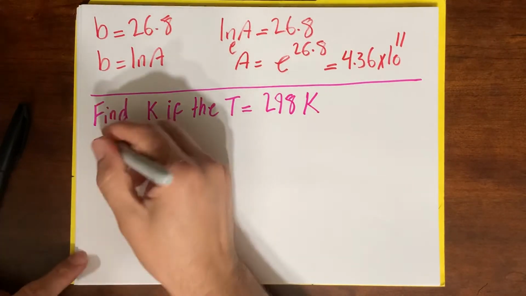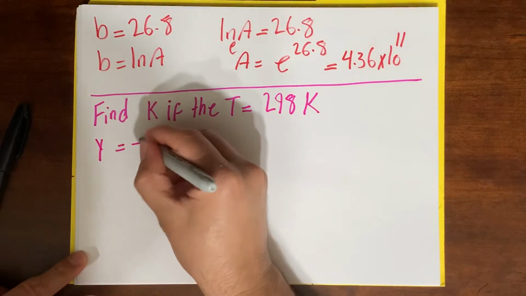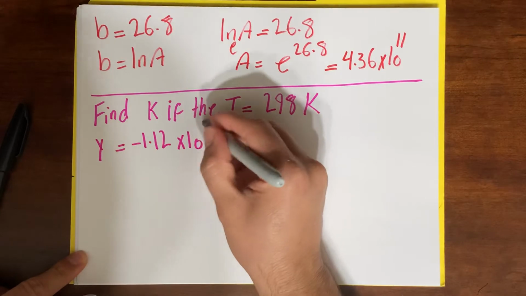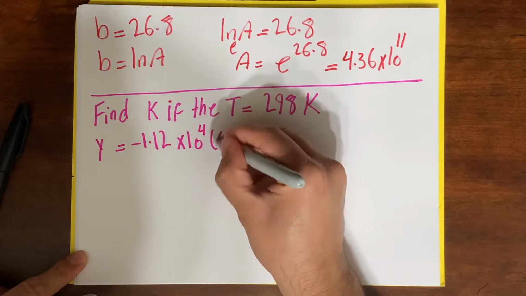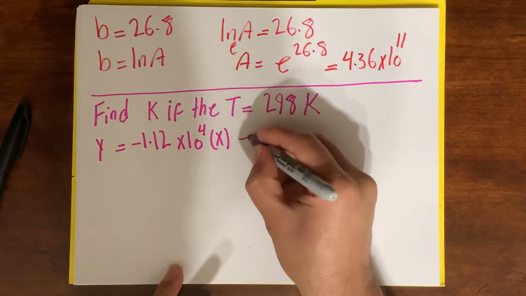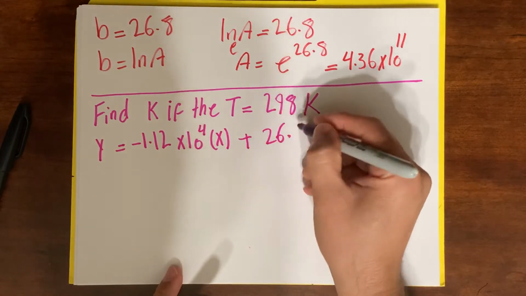Okay. So we go y is equal to minus 1.12 multiplied by 10 to the power of 4 times x, and we go plus 26.8.